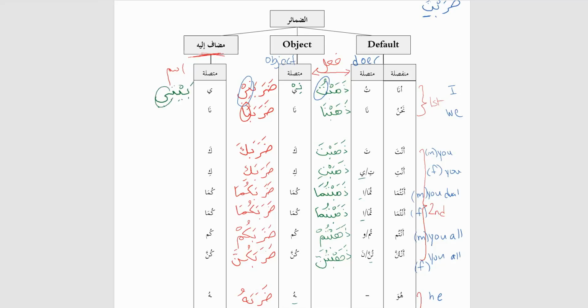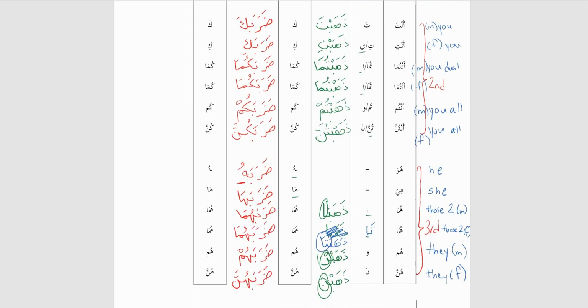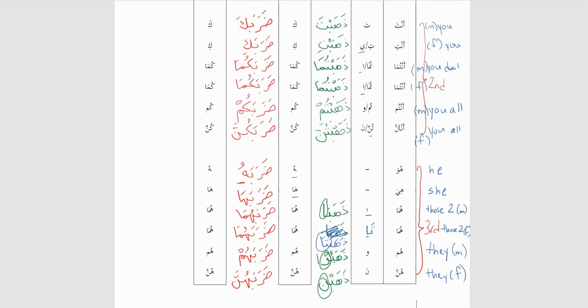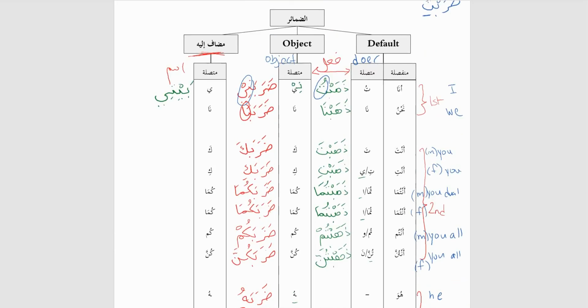This ya is the muttasil, meaning my house. So how to say our house? Baytuna. How to say your house, masculine?